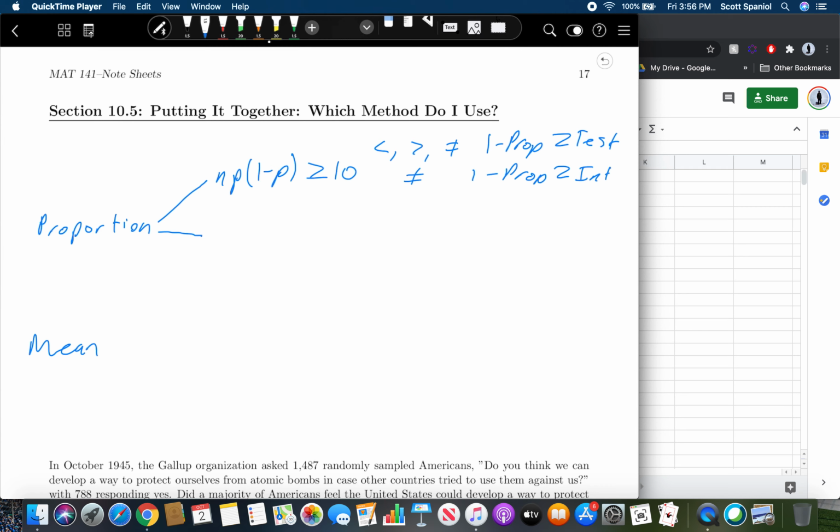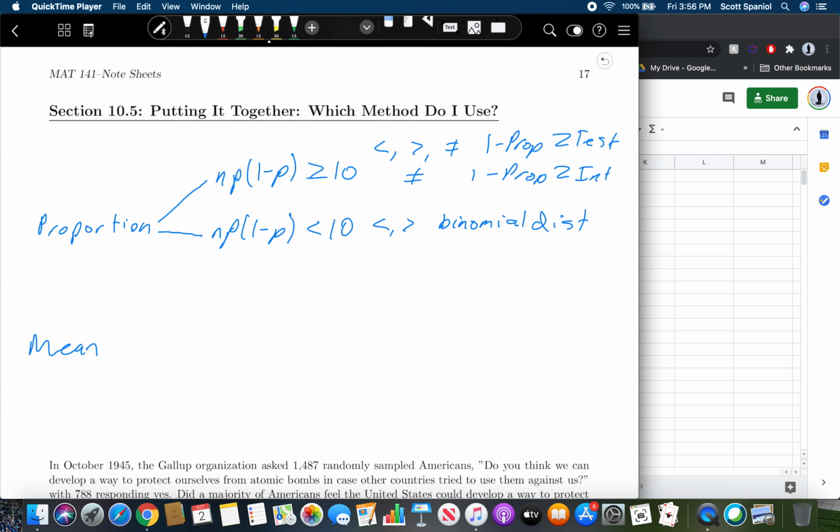If n times p times 1 minus p is less than 10, then for less than or greater than, you can use the binomial distribution.